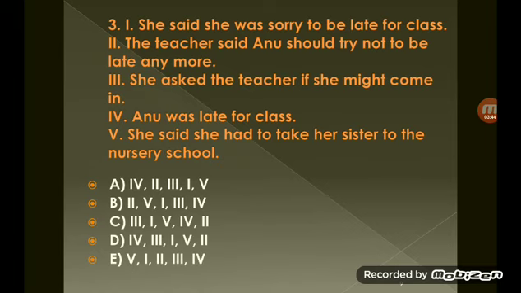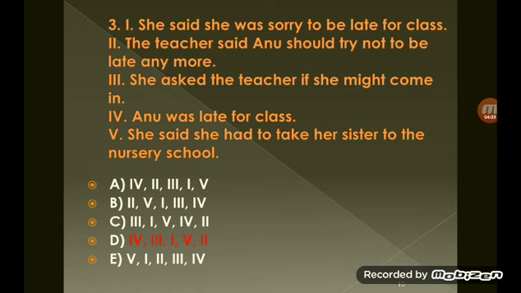So there are two options A and D which begin with the fourth sentence. And D is the correct answer. So out of A and D, we have now come to know that D is the correct option.